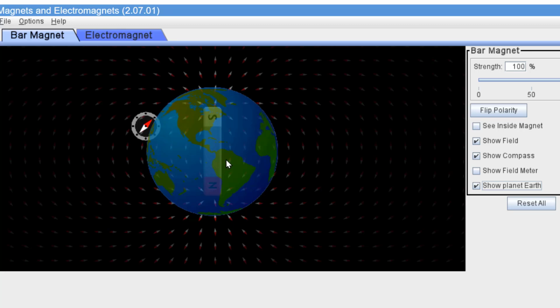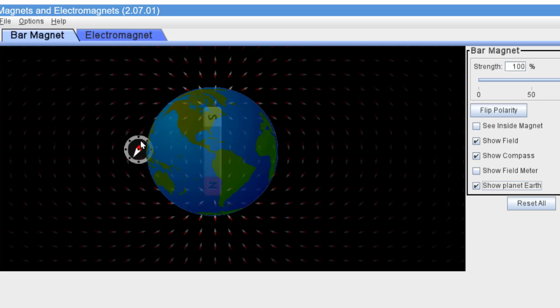So the Earth, if we think of it as a giant magnet inside, because it does have a global magnetic field, its magnetic south is at the North Pole. So Earth's magnet has the south pole at the North Pole. But that is why a compass's north pole points that way.